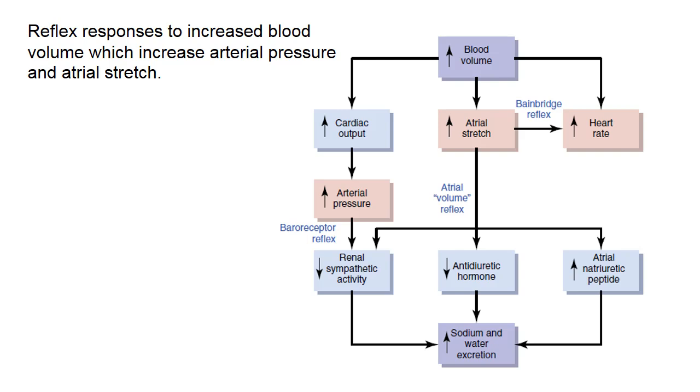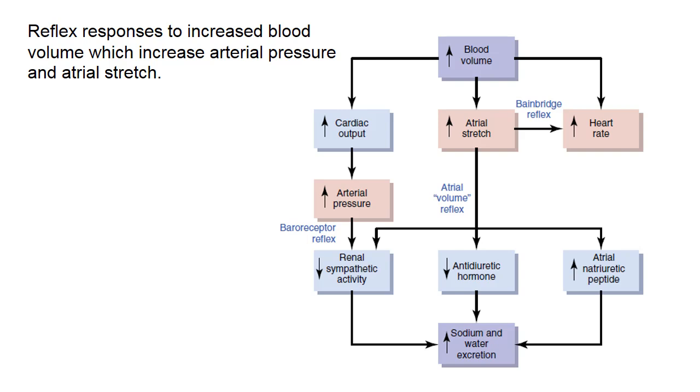First, the atrium produces atrial natriuretic peptide, or ANP, so the level of ANP is going to increase. Second, it decreases antidiuretic hormone level. Third, it decreases renal sympathetic activity. All of them can increase sodium and water excretion and decrease blood volume.